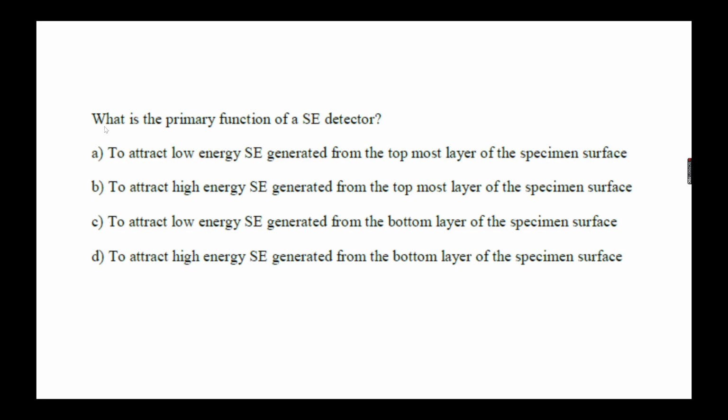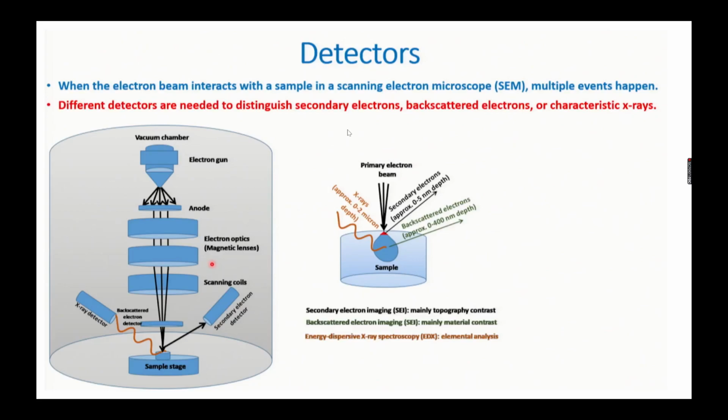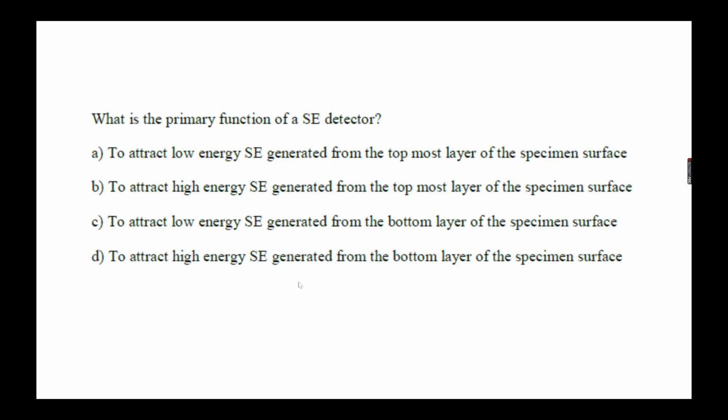Okay, so what is the primary function of the SE detector? As I have shown you in this image, you can see the secondary electron detector. So what is the main purpose of that detector? The options are: to attract the low energy SE generated from the topmost layer; to attract the high energy SE generated; to attract the low energy SE generated from the bottom layer; or to attract the high energy SE from the bottom layer.